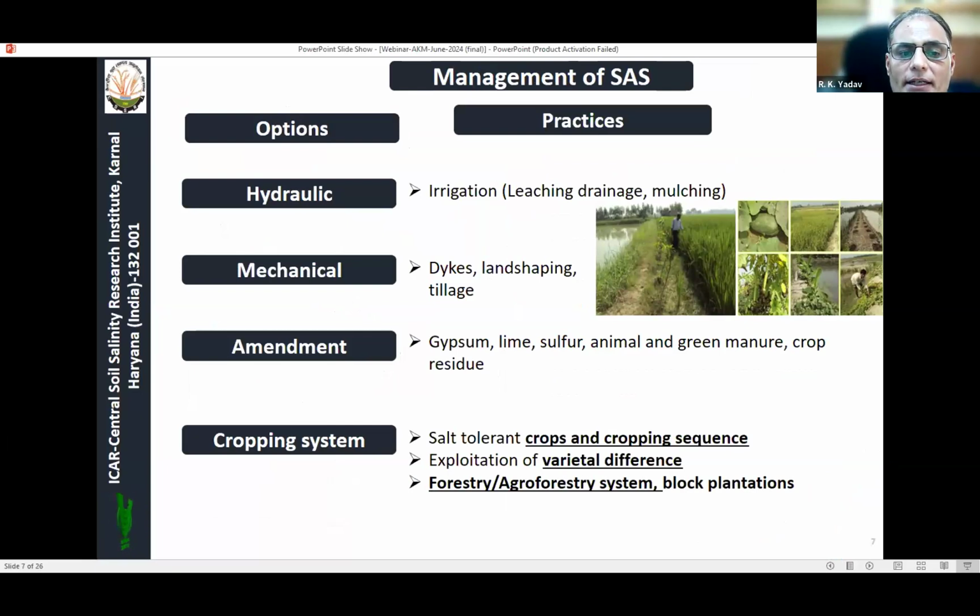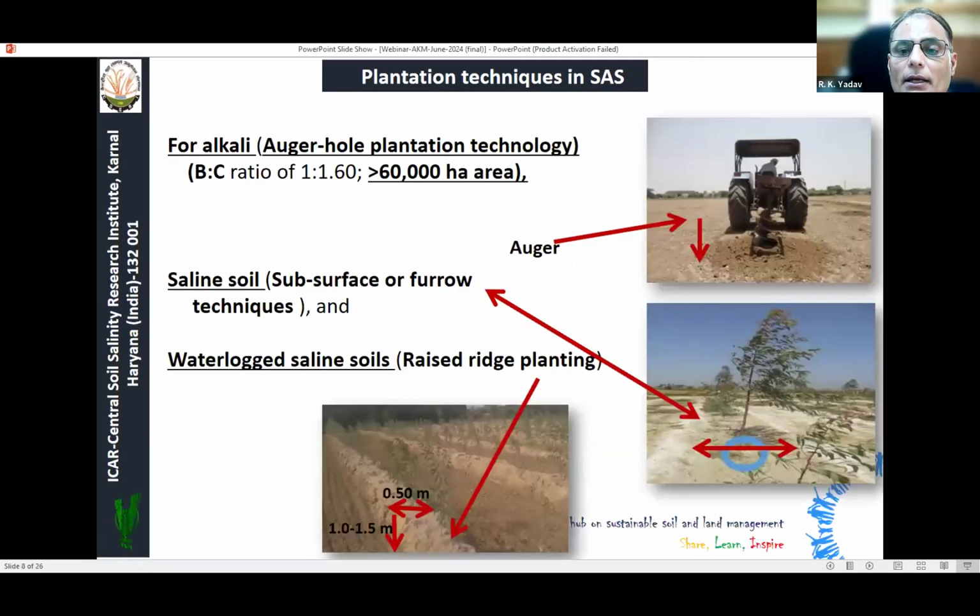And then the third option is the amendments that covers the chemical amendments as well as the organic amendments with gypsum and the other things also. Then finally, the cropping systems, right from the salt tolerant trees as well as the crops. We are using this capability of the flora to create productive landscapes, particularly in the salt-affected soils.